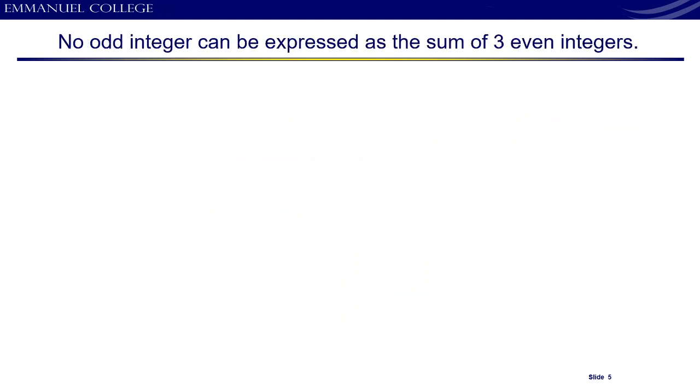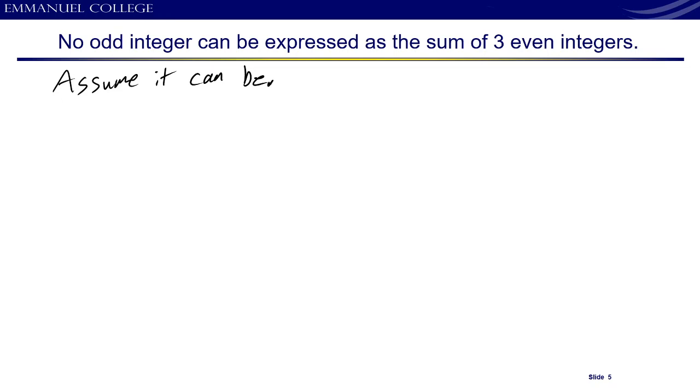So if we go on to another one: no odd integer can be expressed as the sum of 3 even integers. Whoops. Assume it can be. So what we do then is we say, okay, let's take what we know.